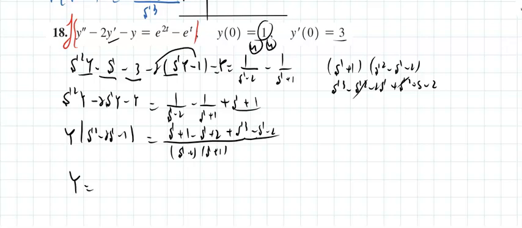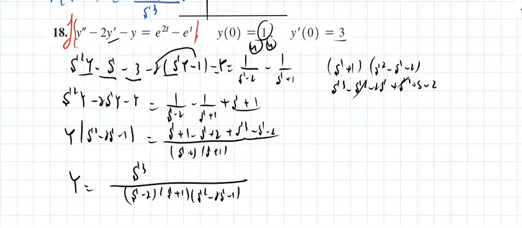So I could say y equal all over s plus 1 into s minus 2 into s plus 1 times s squared minus 2s minus 1. That will be an s cubed.